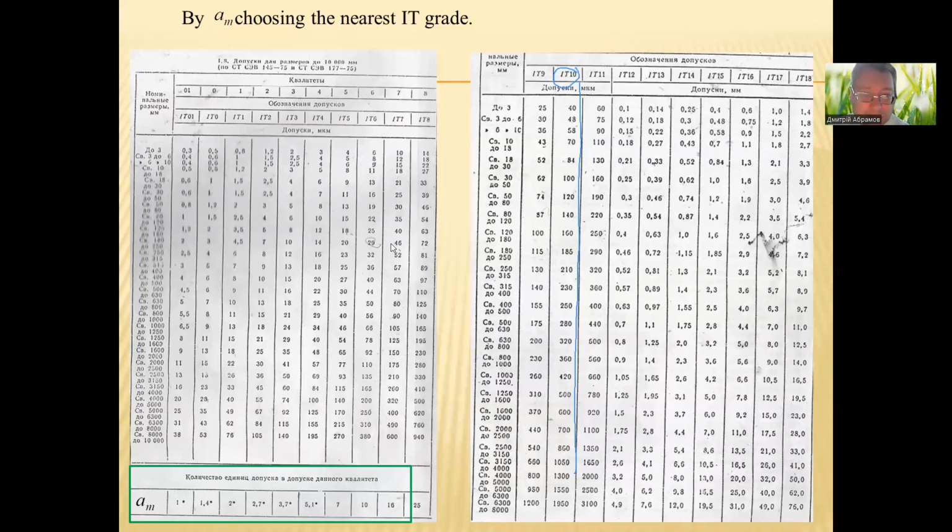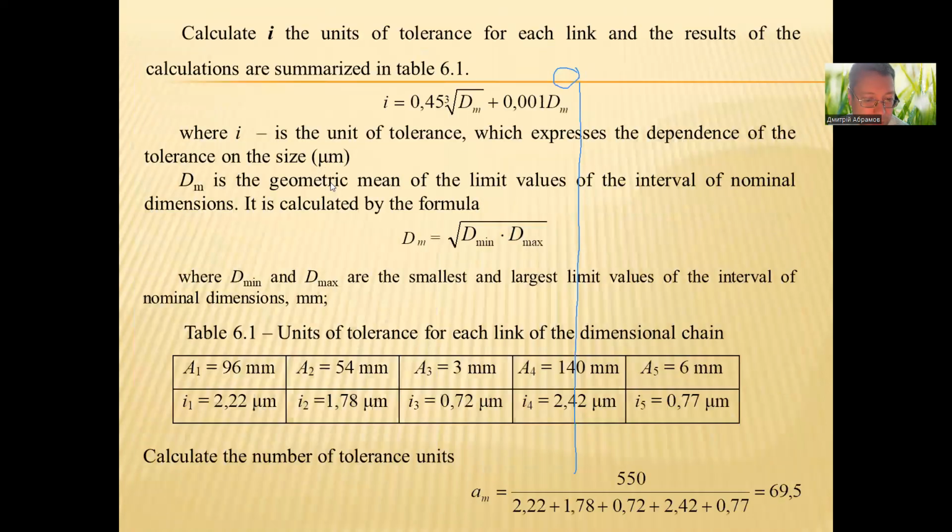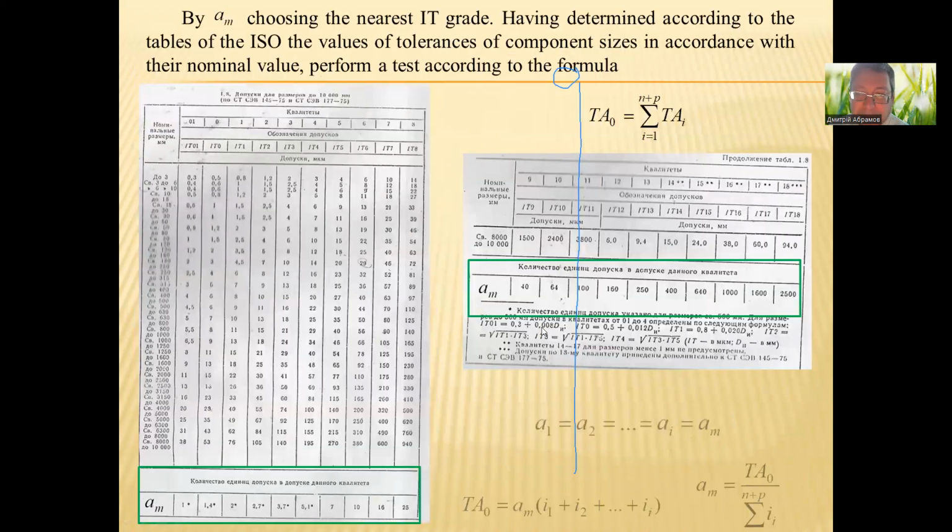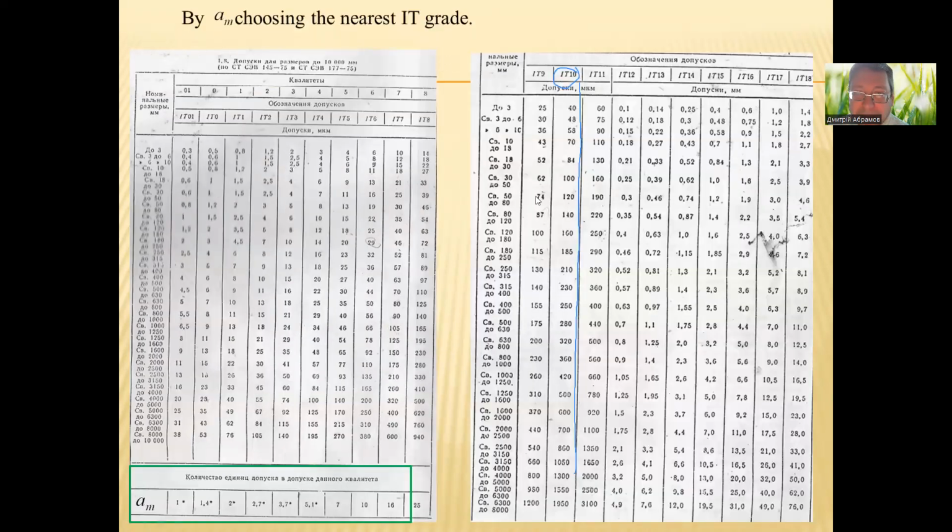The first link, what's the dimension of the first link? A suffix 1, 96 millimeters. For 96 millimeters, it's between 80 and 120 millimeters.